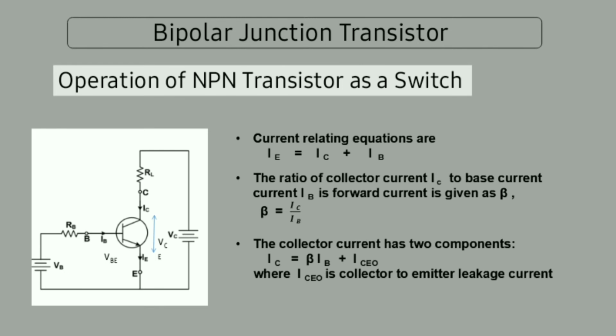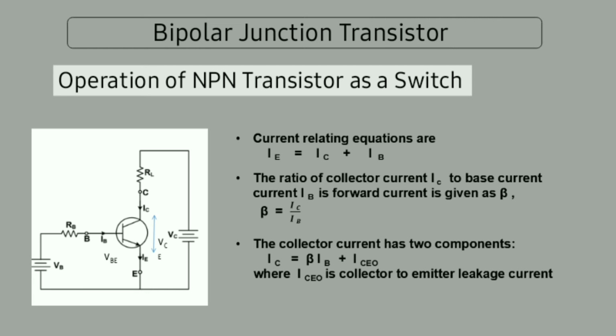Next is the operation of NPN transistor as a switch. As I told before, the transistor is operated in three different regions, that is cutoff, active and saturation region. So for this circuit, the equation relating the currents is given as IE equal to collector current plus base current, IC plus IB. The base current is effectively the input current and the collector current is the output current.